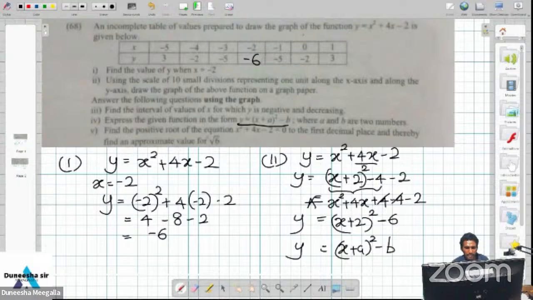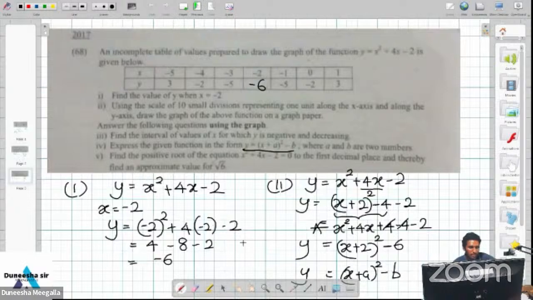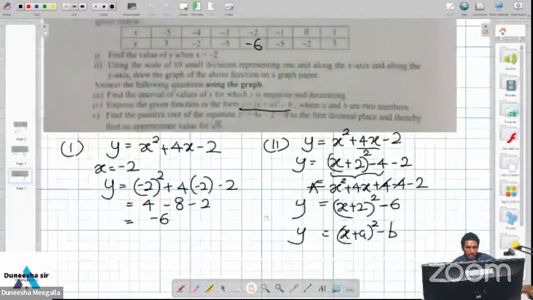I finished writing this screen. Satish, you are the answer. Finish sir. Okay. Sehasa, I finish. Okay. Then I'm going to next one.